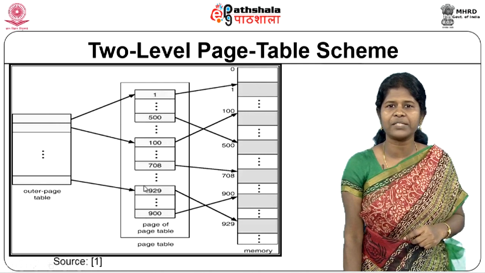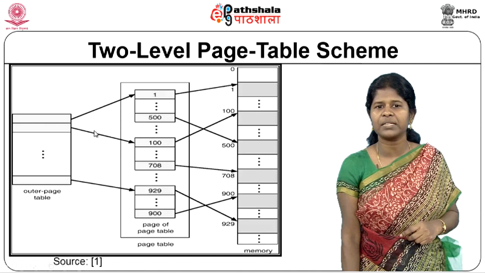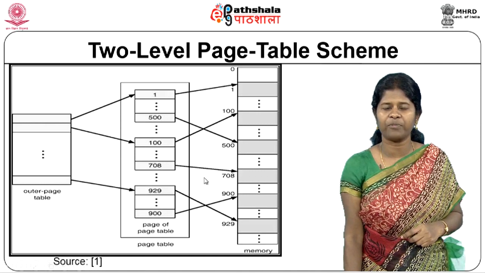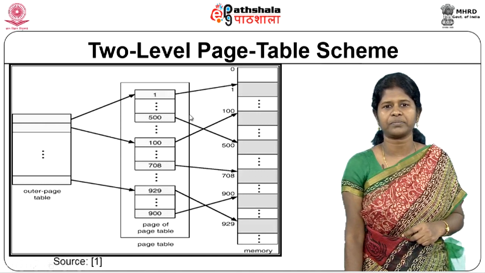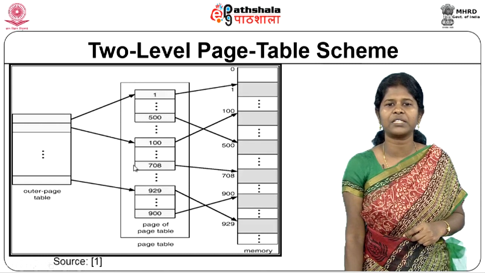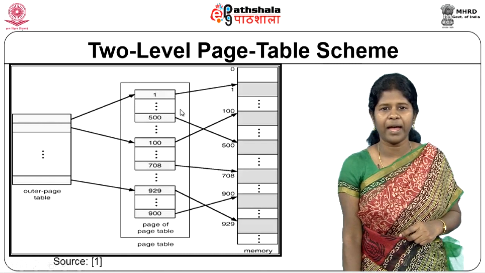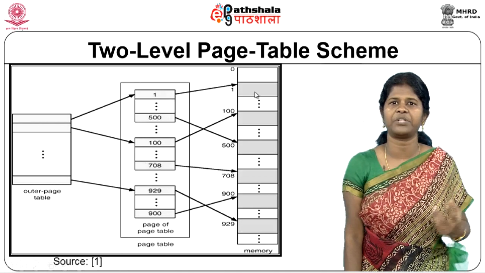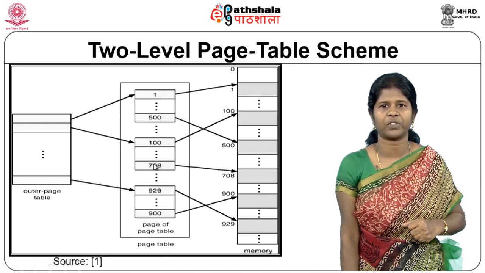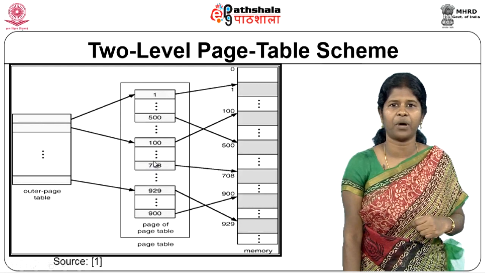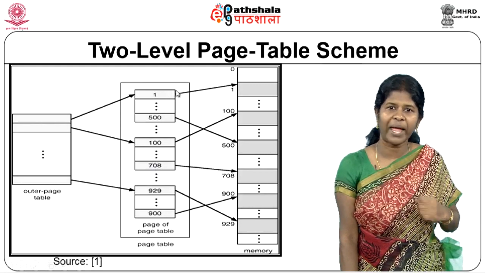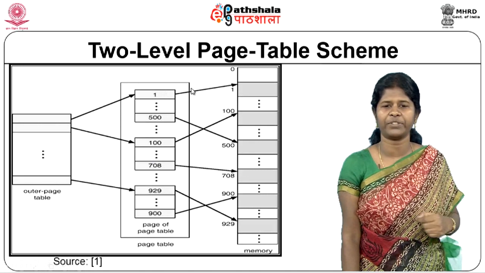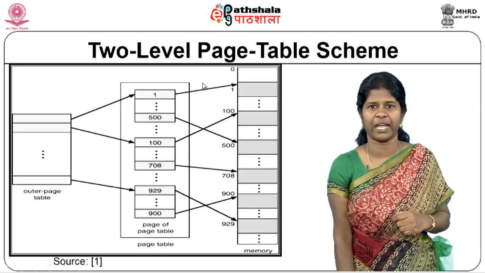The page table is very large, and hence it is now divided into pages, and you have pieces of the page table, and each piece can be kept in a different place in the memory. So, now we need to know where each piece of the page table is kept in the physical memory.